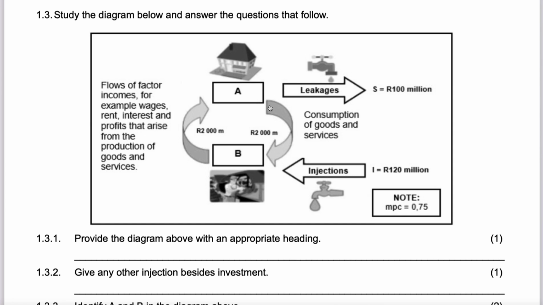We have C, consumption spending. Then flow of factors, factor income. So this is income going to households. So basically, who owns the factors of production? This is households. Then who's paying so that they make provision of goods and services? That's businesses. So we are clear there.